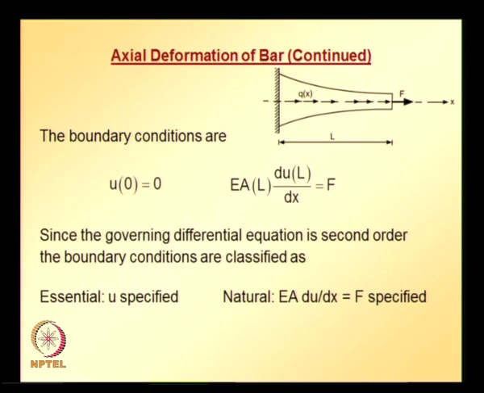The second boundary condition, E times A times the derivative of u with respect to x evaluated at x is equal to L is equal to f, involves a first order derivative, and that can be classified as a natural boundary condition. So, essential: u specified; natural: E times A times derivative of u with respect to x equal to f specified.